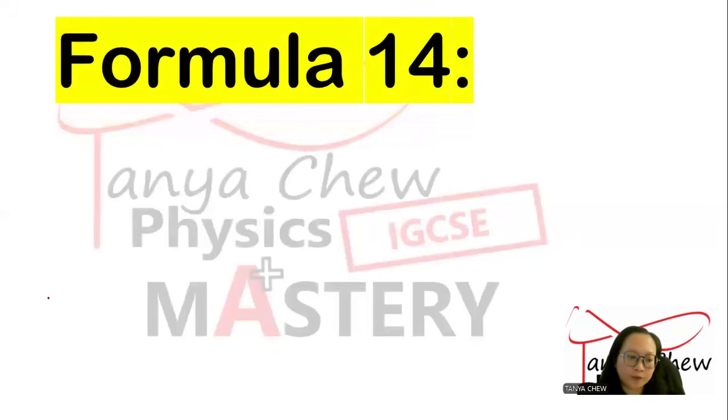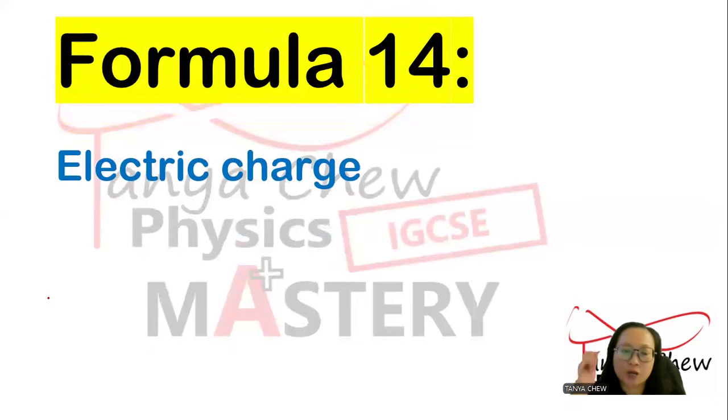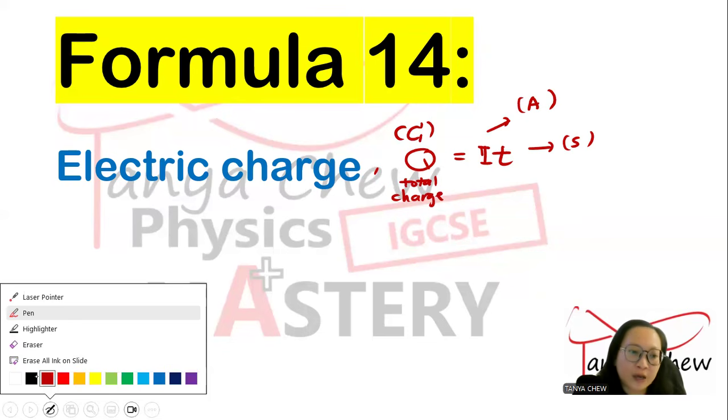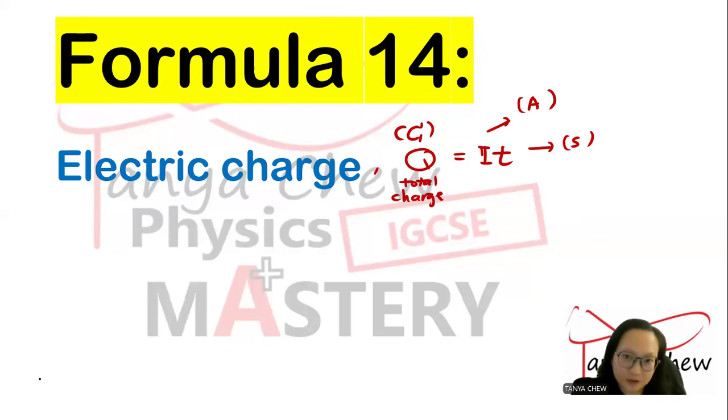The next one, Formula 14, electric charge. Electric charge is calculated from Q equals It. The charge must be measured in coulomb, current must be measured in ampere, and the time must be in second. Remember that. Sometimes this Q represents total charge. So sometimes the question asks you to find the number of charged particles in the metal.